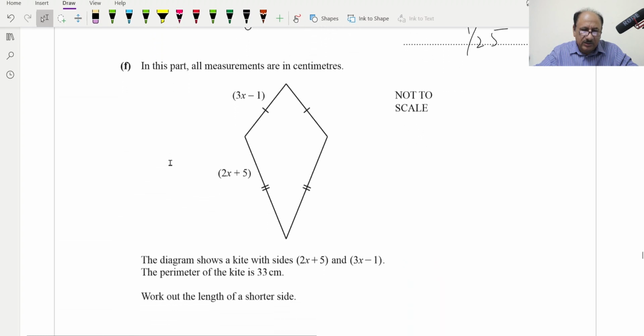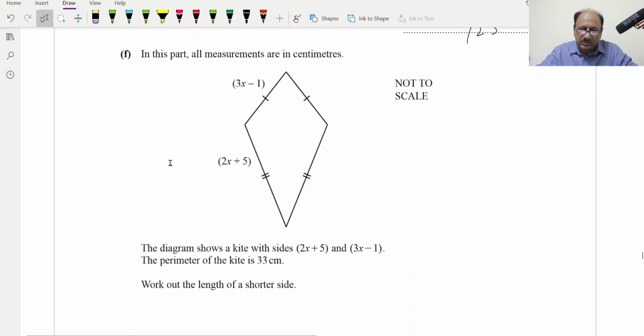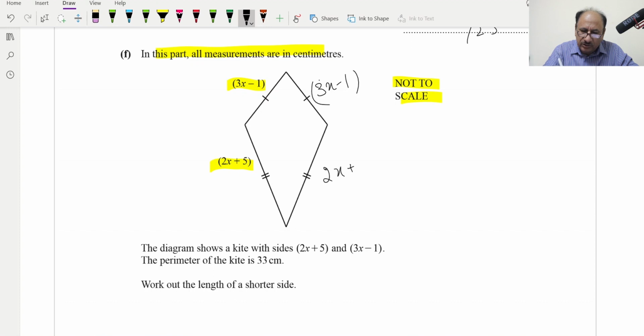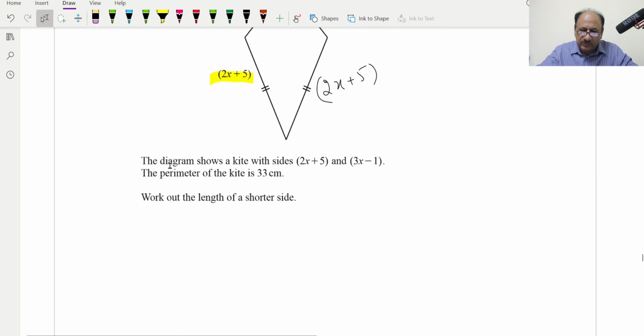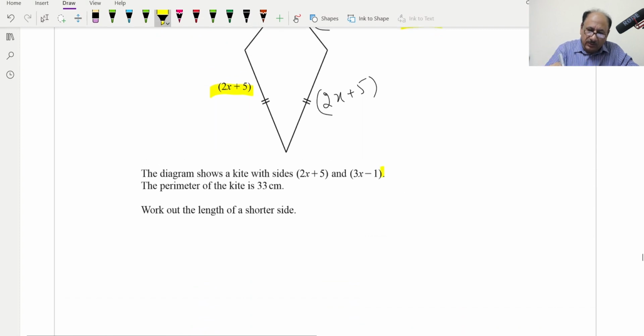Then the F part. In this part all measurements are in centimeters, and keep in mind not to scale. So they have provided this side which is also the same, so this side is 3x minus 1, and this side is 2x plus 5, and they're saying the diagram shows a kite with sides this and this, and the perimeter is 33.